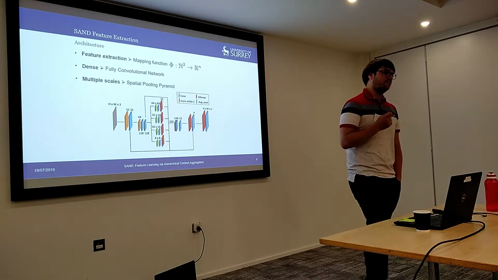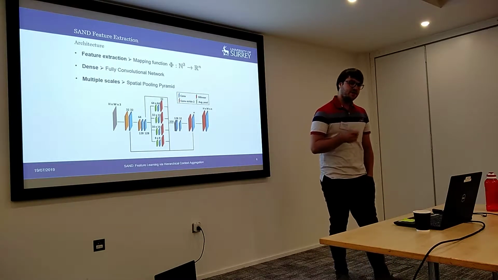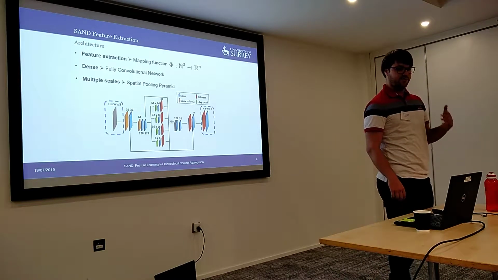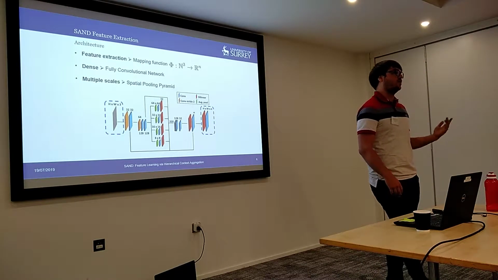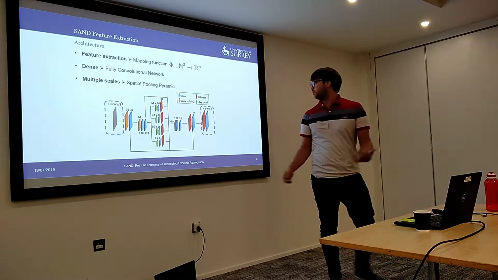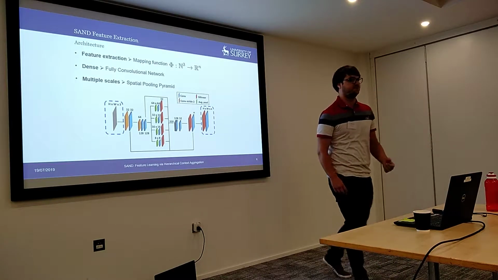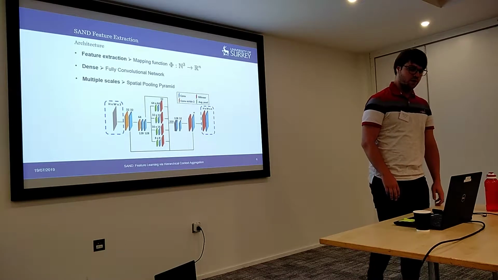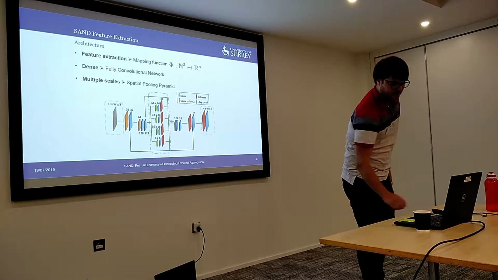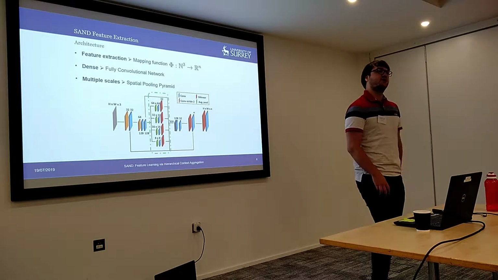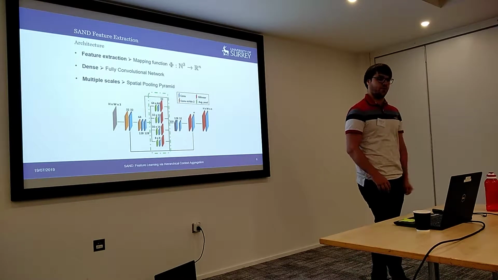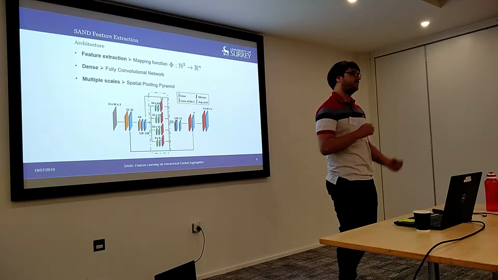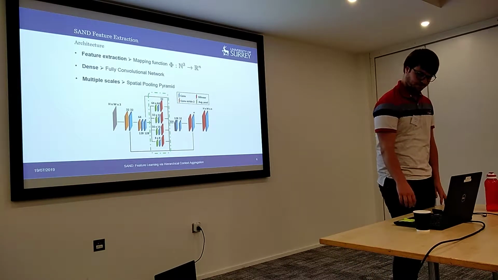So again, at the core, we have the feature extraction, and the idea here is that we're providing a dense feature map, meaning that if your input to the network is a height by width by 3 image, your output will be a height by width by n-dimensional feature map.